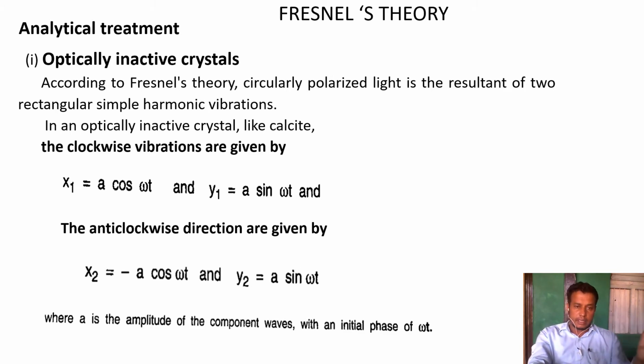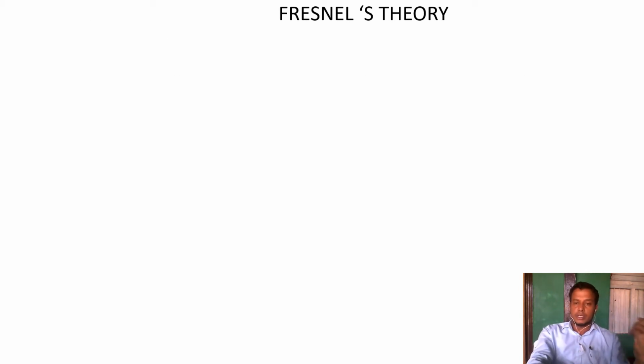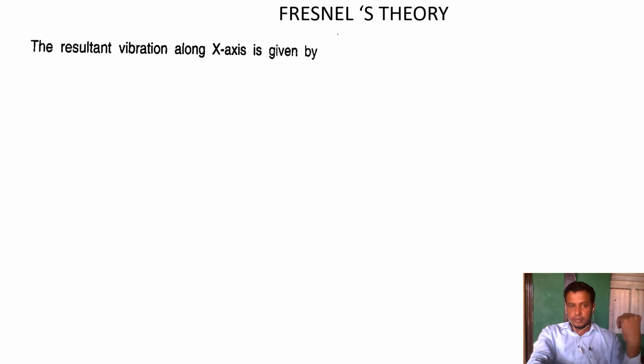Here a is the amplitude and omega t is the initial phase. Now let us see their resultant motions along the x-axis and y-axis.